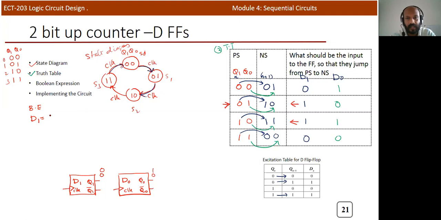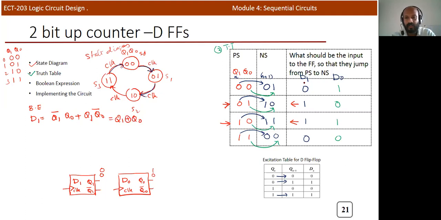So you can write these two cases. It is Q1 bar and Q0 in the first case, and in the second case it's Q1 and Q0 bar. So now we got an expression which is actually the XOR operation, Q1 XOR Q0.